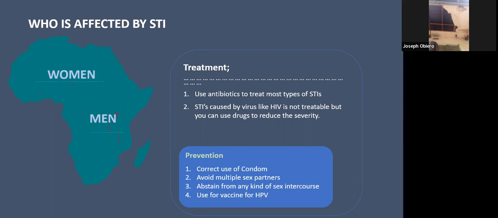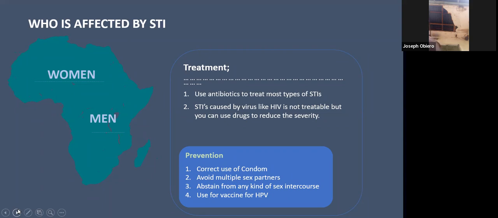Reducing the number of partners you are indulging in sex with, correct use of condoms, regular checkup of your health condition. So for primary prevention, we have interventions like abstinence, condom promotion to increase their use, and reducing barriers to utilization.